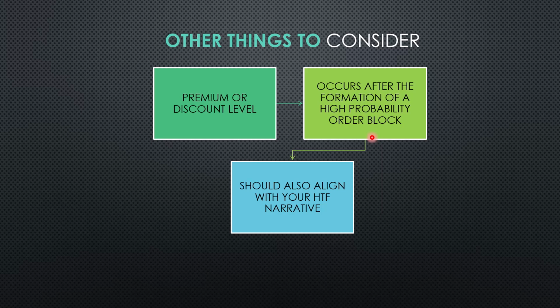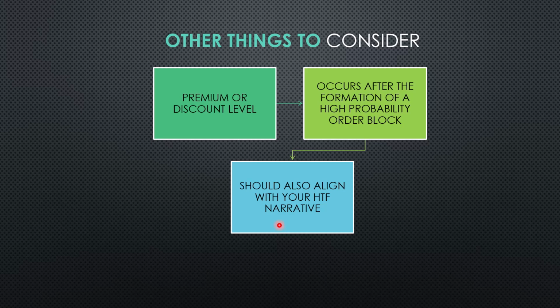When this volatility comes into the market, that is where we find these gaps being created. So in most cases, where you find a high probability order block, you realize that it will be linked to a high probability fair value gap.